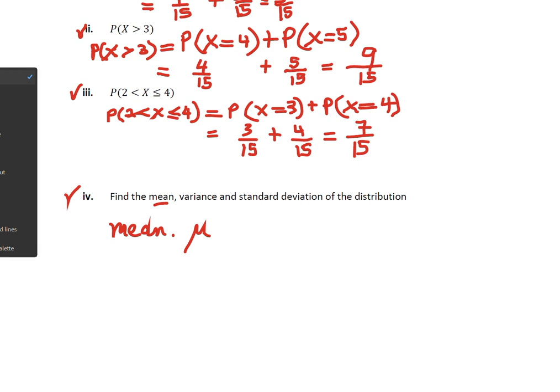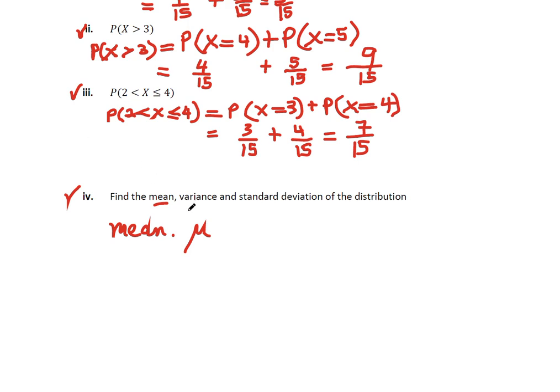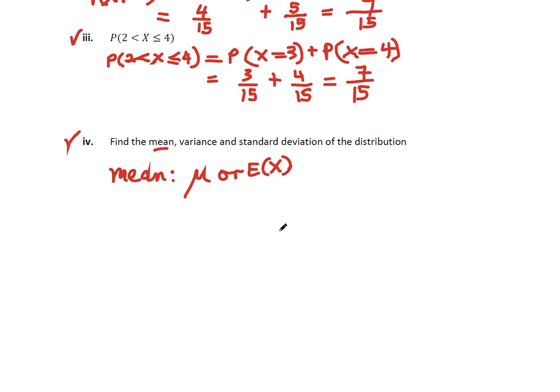Either term can be used. So we could have been asked to find the expected value instead of being asked to find the mean. So the mean would be mu or E of x. We could use any of these symbols to represent the mean. E of x represents the expected value of x, but the expected value is the same as the mean.